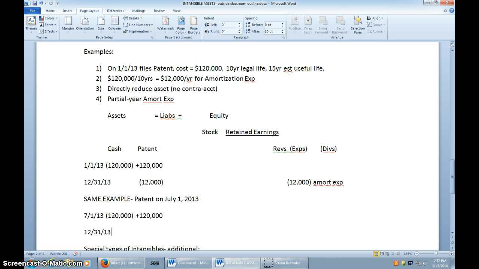when we recognize an expense, and I'm going to go back up here and highlight this, it was $12,000 for a year of amortization expense, but in this case we're talking about 6 months, from July 1 to December 31st.